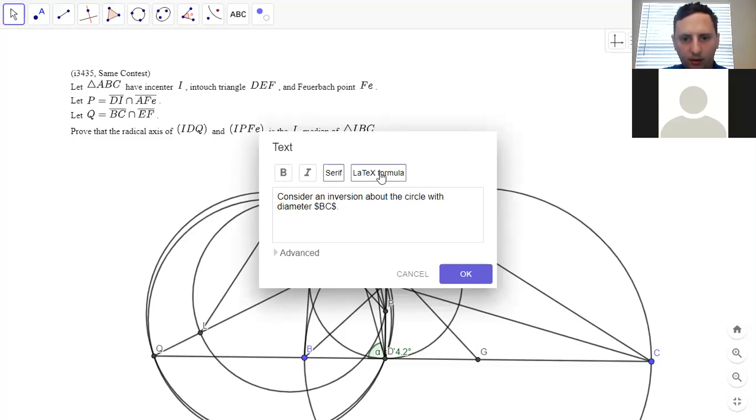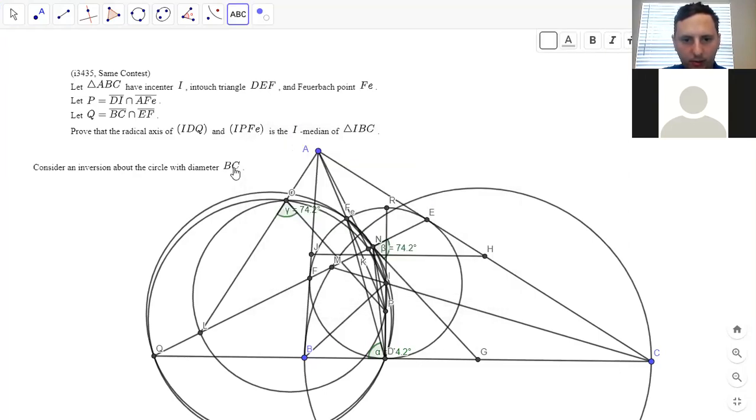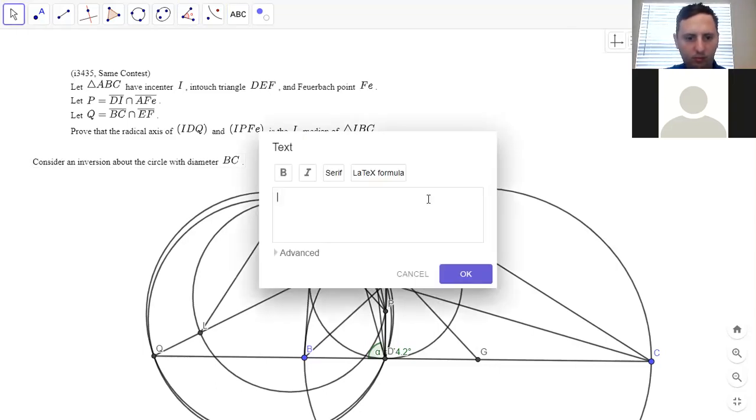And then we noticed IDQ inverts to itself. So we have GD times GQ equals GB squared. And that means that IDQ inverts to itself.